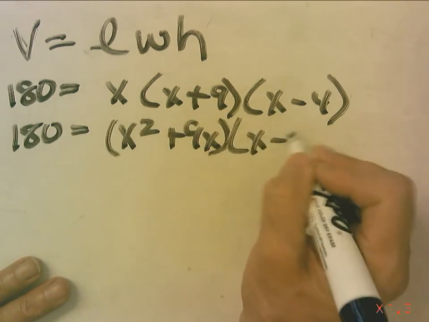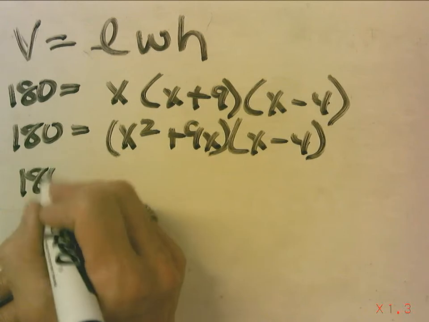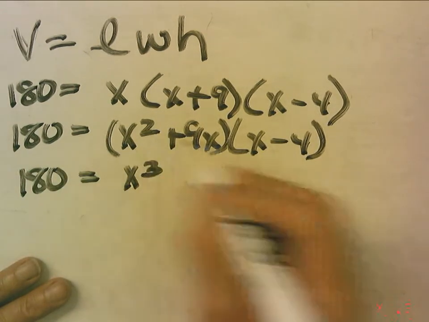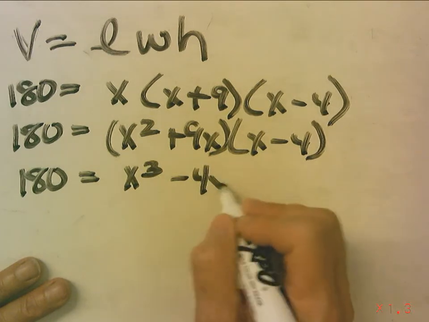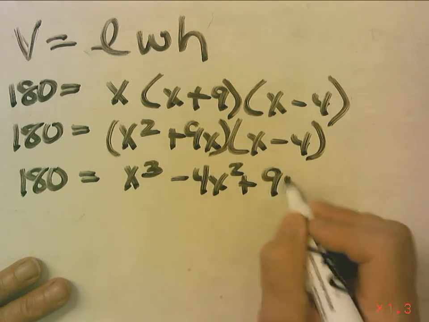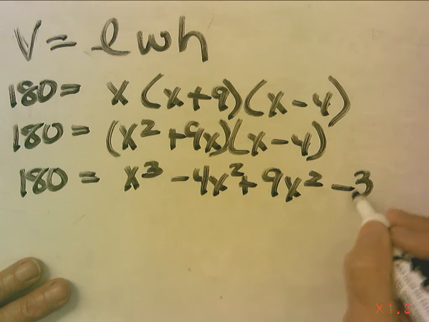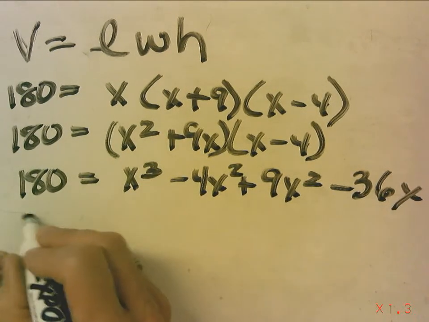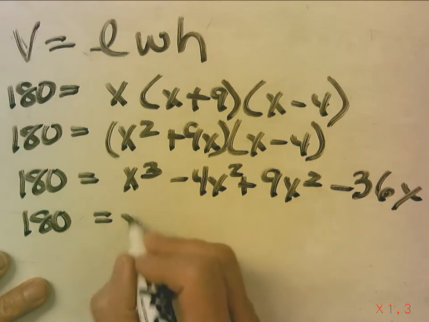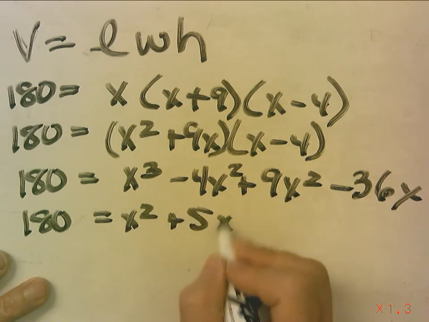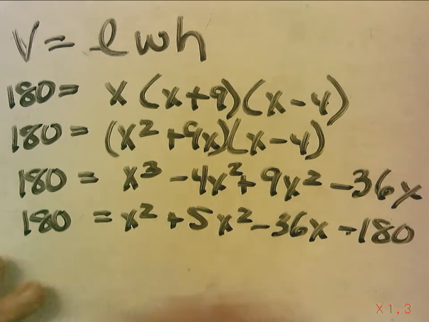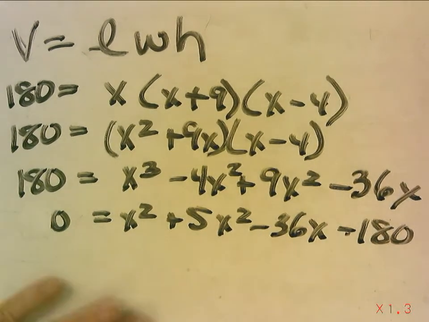And now I have to FOIL. And I FOIL before I bring the 180 over. So that's x cubed minus 4x squared plus 9x squared minus 36x. Now I combine my like terms. Plus 5x squared minus 36x. And I'm going to subtract 180. So now I'm just going to change that to 0.